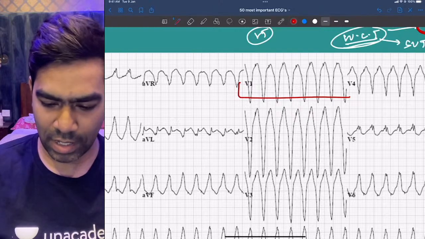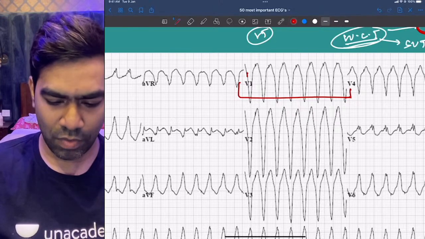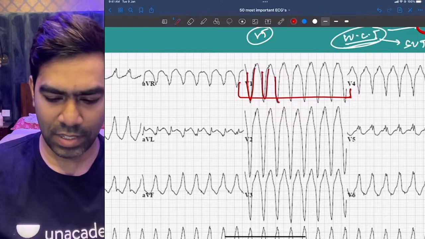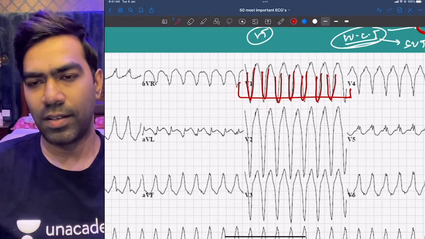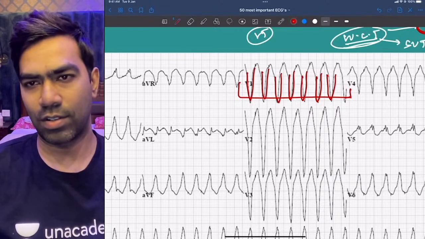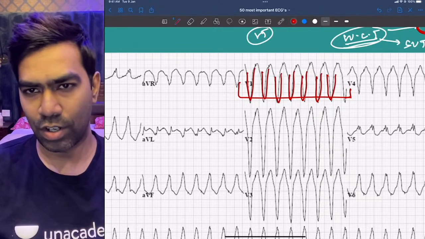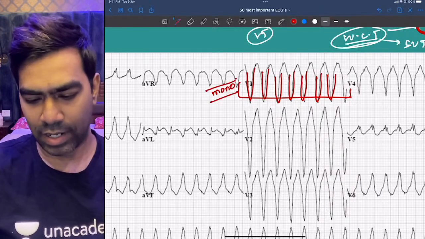Let us take lead V1. Look for the morphology of the complexes. Every single QRS complex in lead V1 has the same morphology. There is no difference in the morphology at all. So this is definitely a monomorphic ventricular tachycardia.